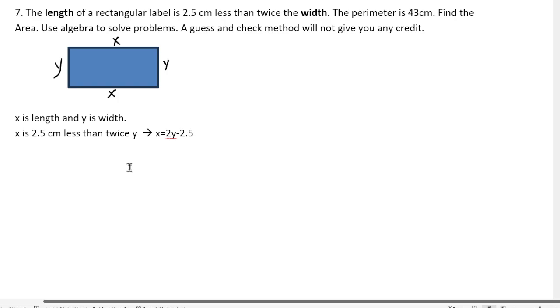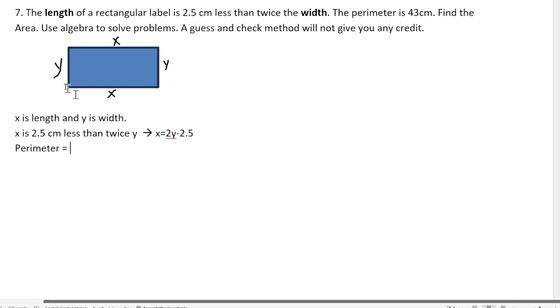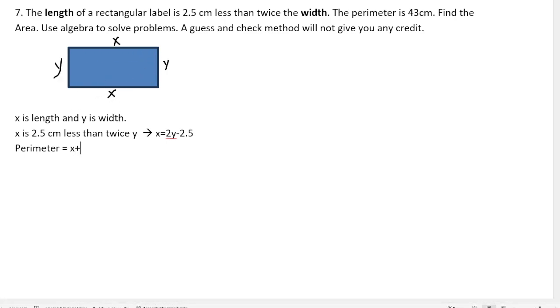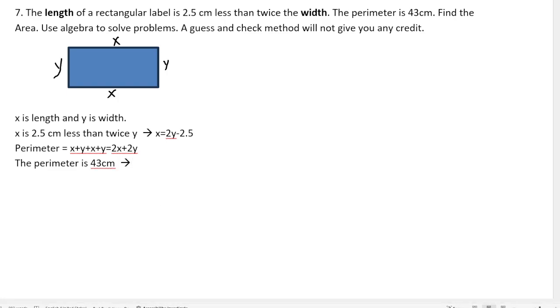So we can say that the perimeter equals, if you go around like that, x plus y plus x plus y, but that's the same as 2x plus 2y. And what does it say? Perimeter is 43, would mean that 2x plus 2y is equal to 43.